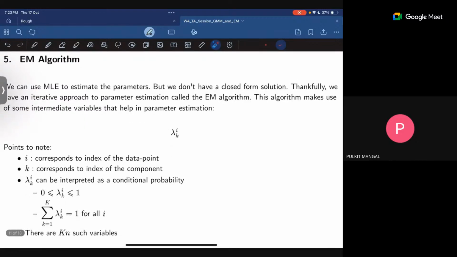As this line says, this algorithm makes use of some intermediate variable that helps us in the parameter estimation, and we call it lambda ik. That is the conditional probability that given you have seen your ith data point, what is the probability it is coming from the cluster k, the component k.